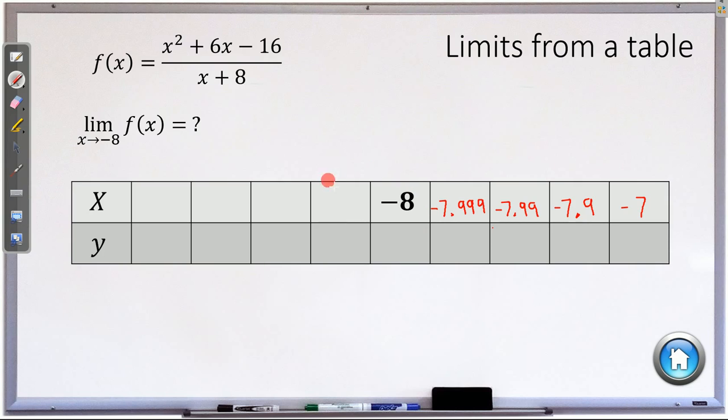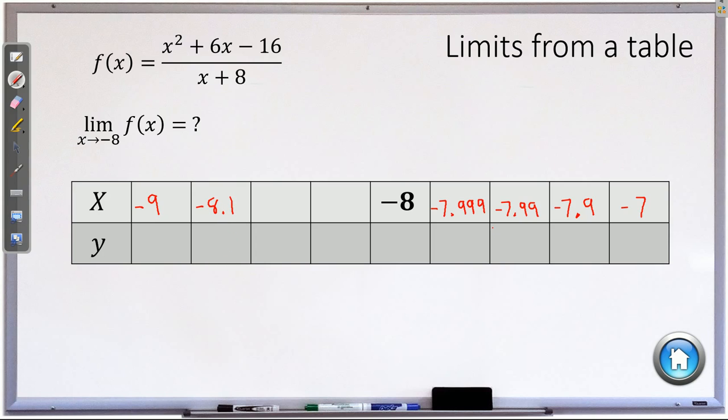But now we have to go to the left. What are some numbers that are just smaller than negative 8, but still really close? Well, you could go all the way to negative 9, but that's pretty far. Get closer to negative 8. Not negative 9.1, that'd be farther away. So let's go negative 8.1.